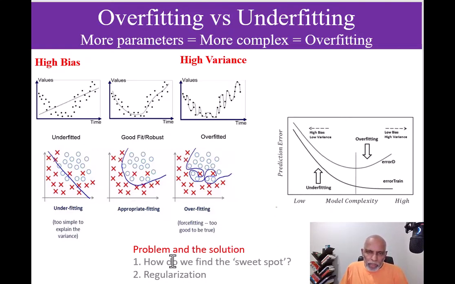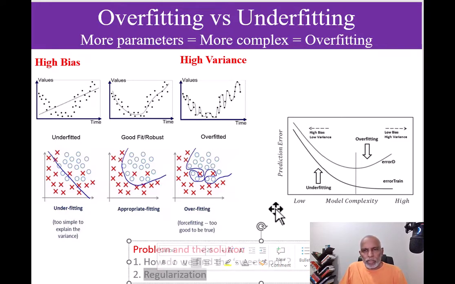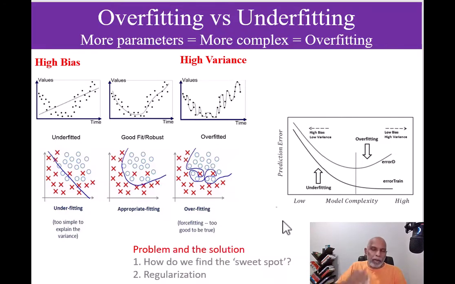The other one: can we get additional tools to help us out? There is something called regularization, which introduces into the loss function the number of parameters, or the sum of the values of the parameters, or the sum of squares of the values of the parameters.